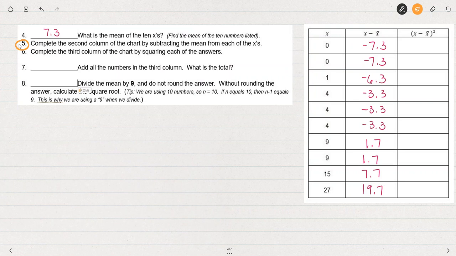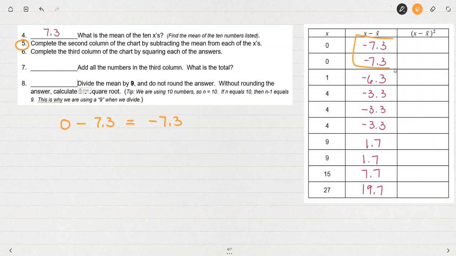The next step, number 5, is I have completed the second column of the chart by subtracting the mean from each number. So let's start with a 0 minus the mean, and I get negative 7 3/10.